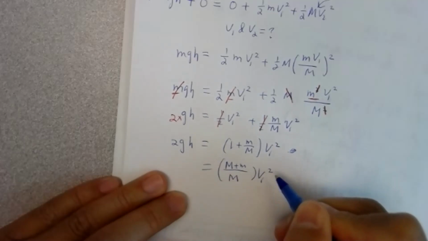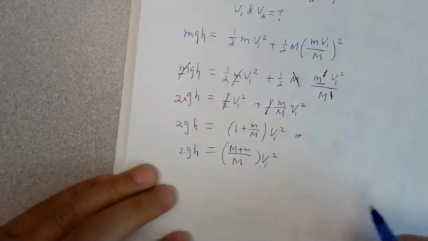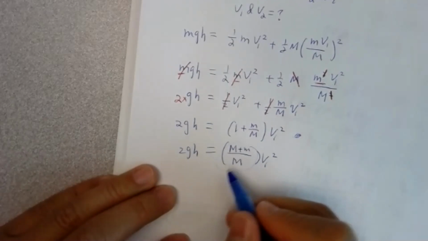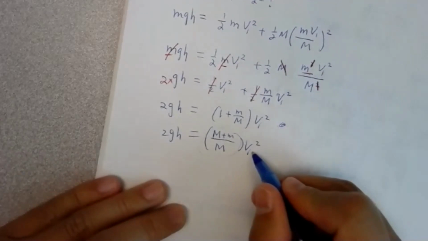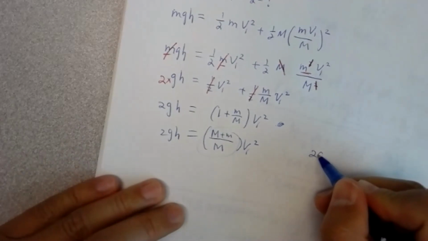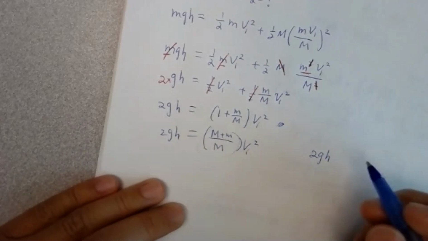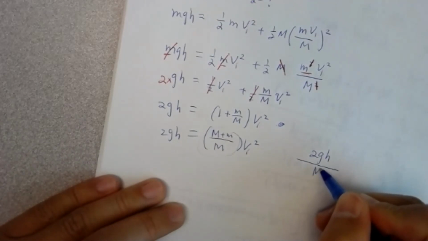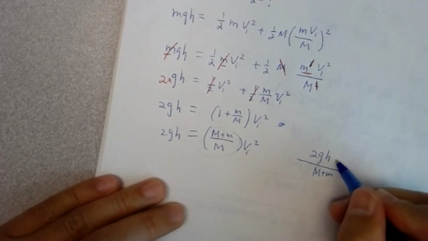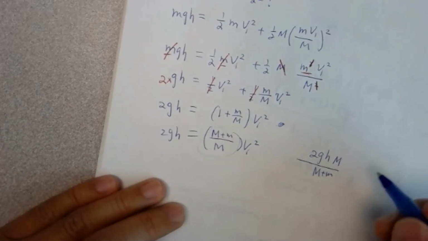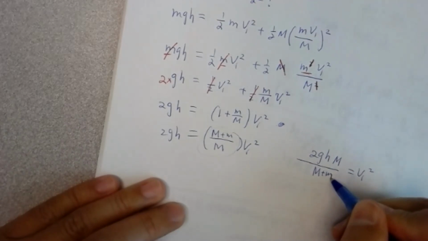Okay, so v1 square times this equals 2gh. Then you divide both sides by this term to give you v1 square. So 2gh divided by this will give you capital M plus small m at the bottom, but capital M at the top. Okay, equals to v1 square.